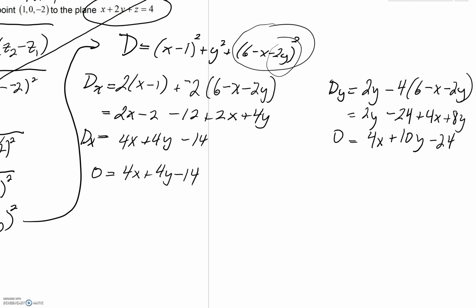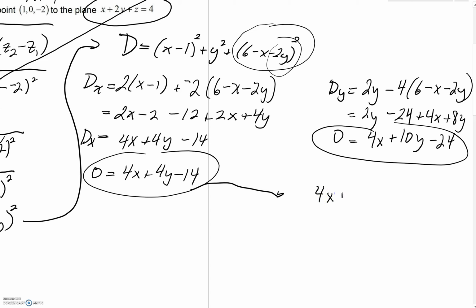So tell you what, if we just go ahead and recopy this equation off to the side here, we have a 4x plus 4y, and we add a 14 over. I've switched left and right sides, and I moved the negative 14 to a positive 14 on the other side. I tell you what, we want to get rid of x with elimination.